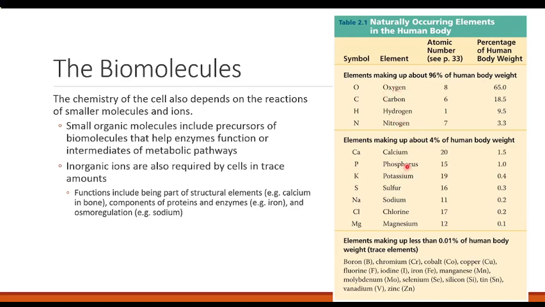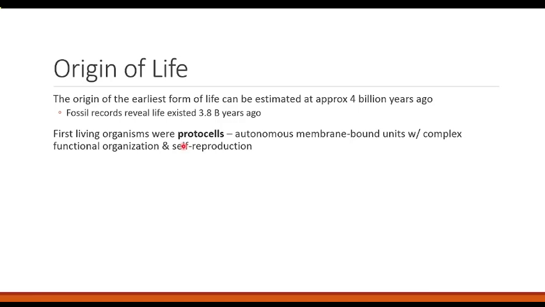Of course, nucleic acids also have phosphorus in the form of phosphate. The rest of the elements you'll usually find as part of enzymes or making up part of the structures. And then you have the trace elements. So with that, we have the four biomolecules.